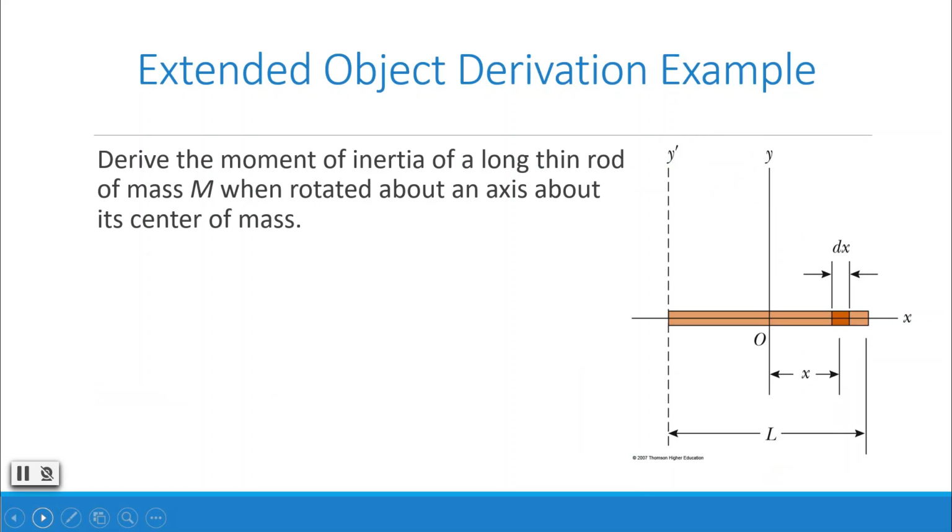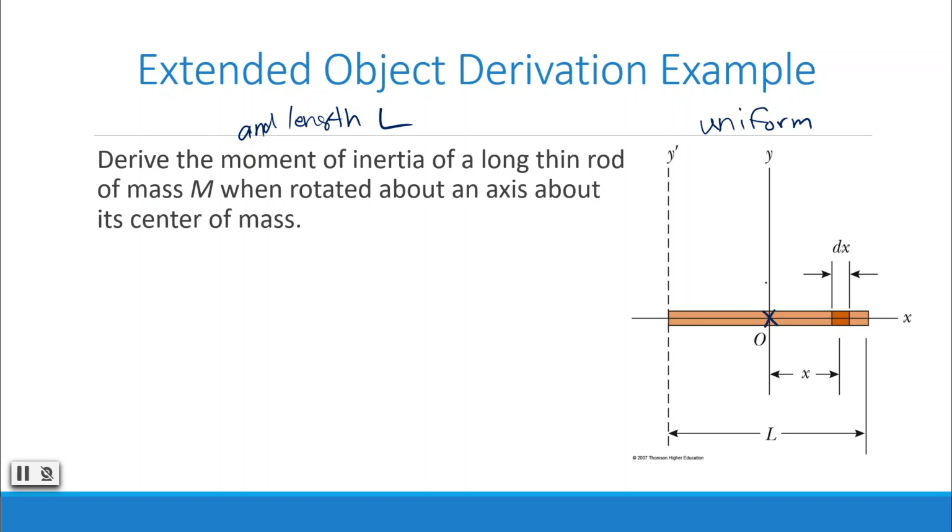So if we want to find this for a long, thin rod, we're going to assume that it has a mass of m and a length of L. I didn't say that, but I'll add the length of L in as a known value because it's on our diagram. So we're going to rotate it about an axis through its center of mass. We're going to assume that this rod is uniform, in which case its center of mass is going to be the exact center of the rod.